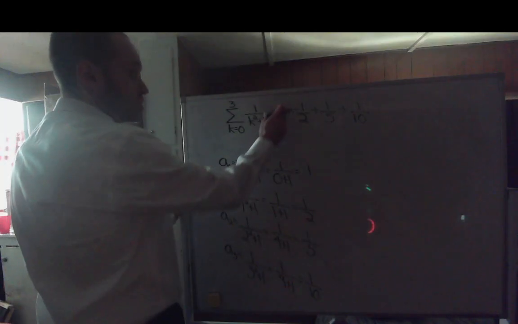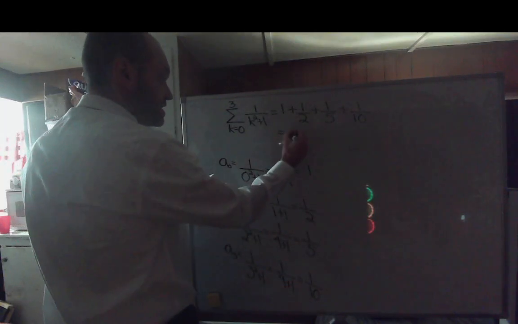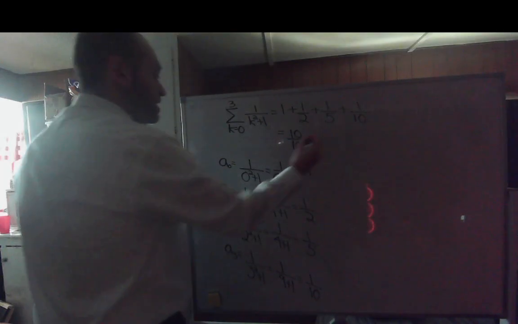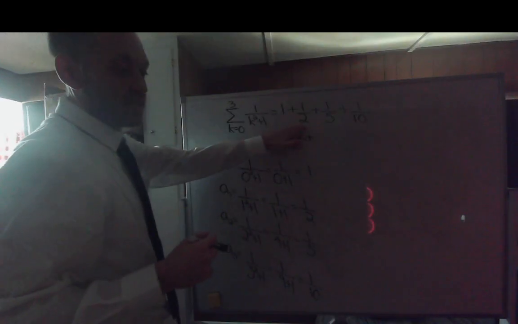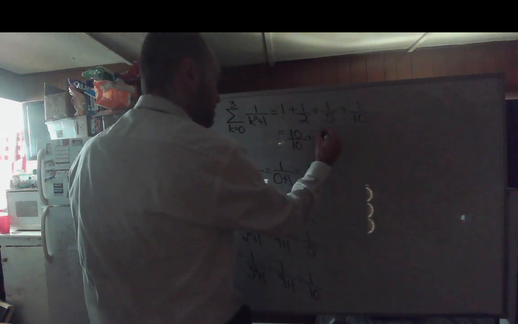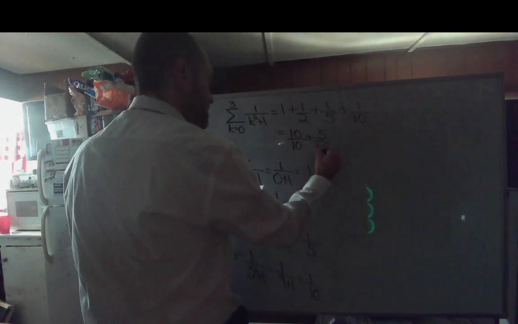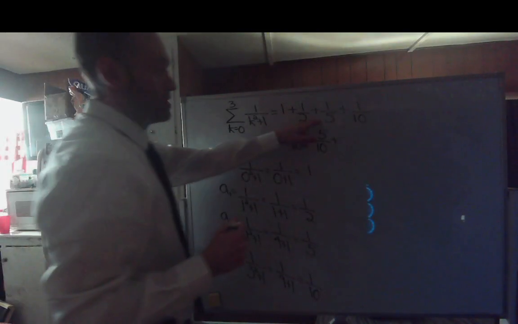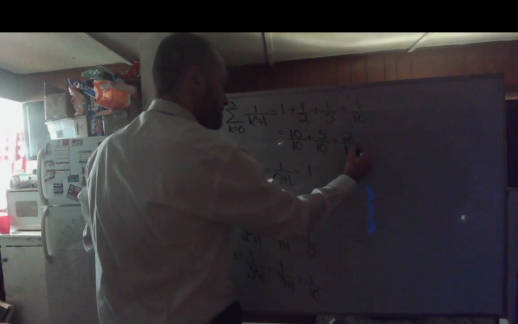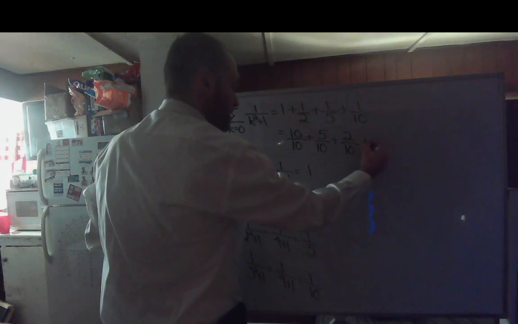So the first term, you multiply numerator and denominator by 10, you'll have 10 over 10 plus, we want to make the second denominator be a 10, so multiply everything by 5, so that would be plus 5/10 plus your 1/5, turn that into a denominator of 10, multiply everything by 2, that'll be plus 2/10. Then you just have plus that 1/10.